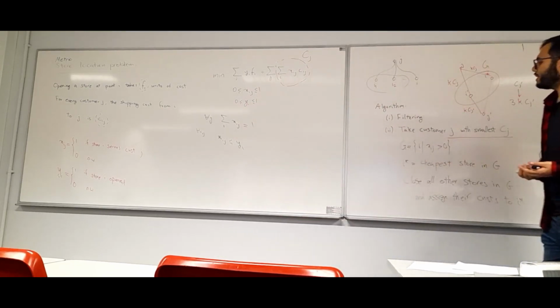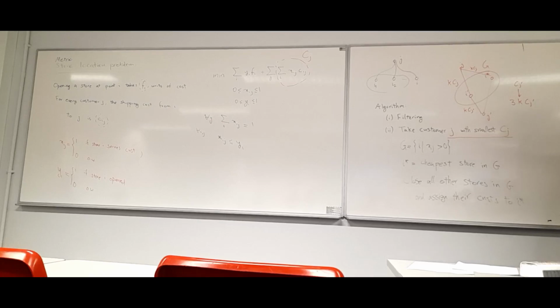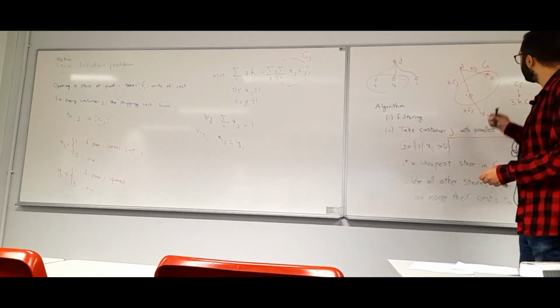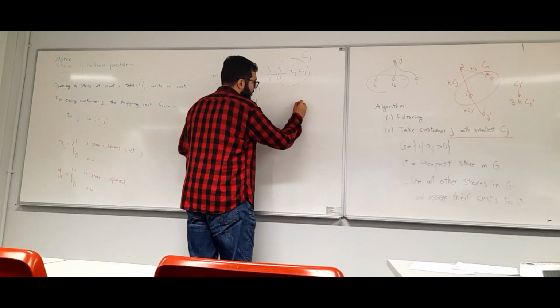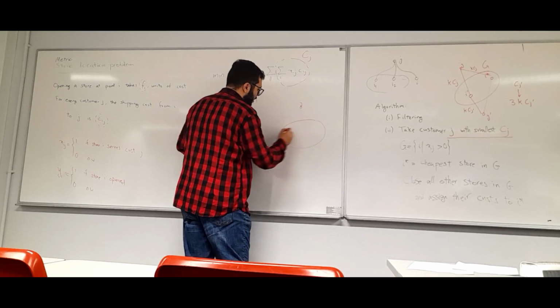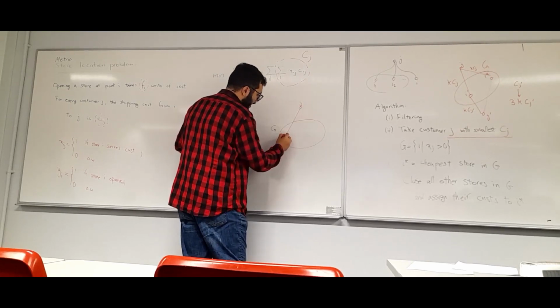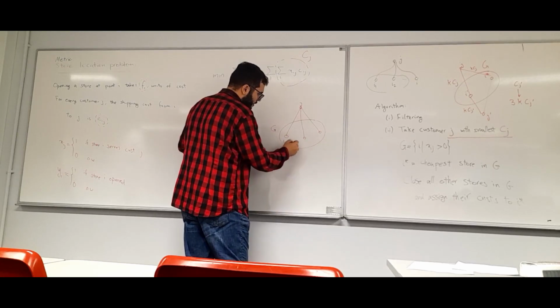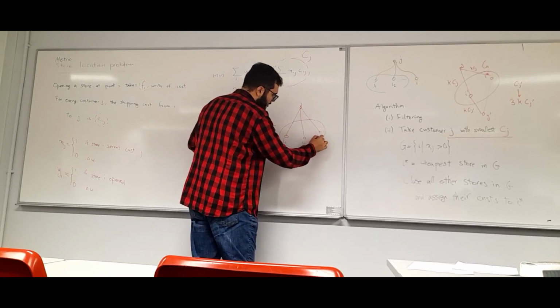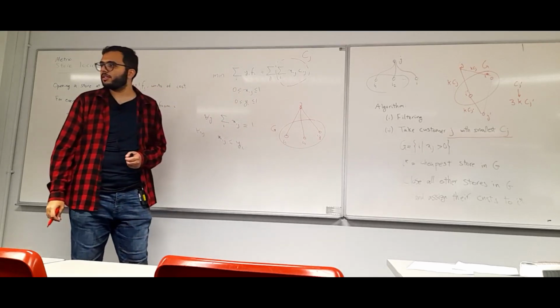But what else is happening after the filtering? So here's the thing. Again, I'm going to draw the same picture. So I had customer J, and this customer was getting service from every store that was in G. So let's just consider a case with 3 stores, but it works for any number of stores.